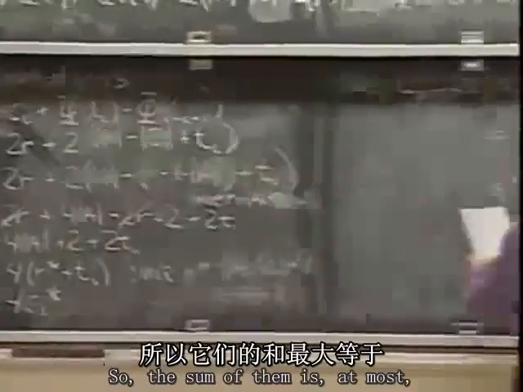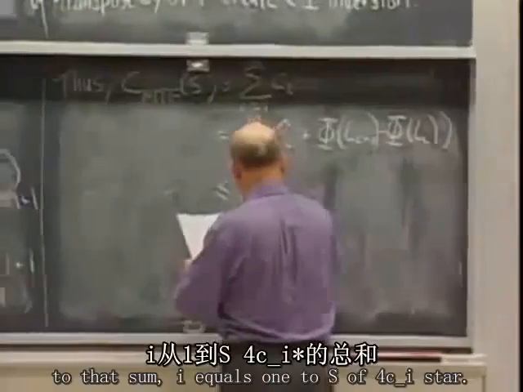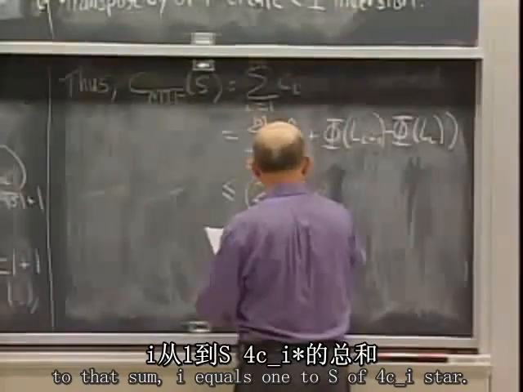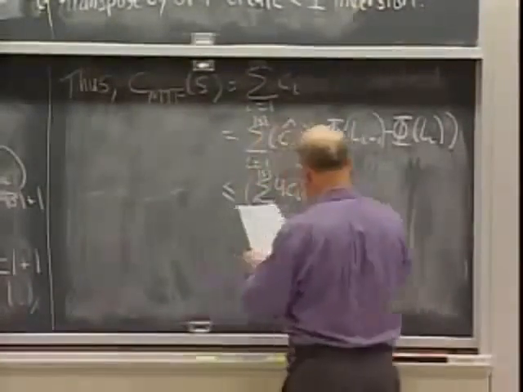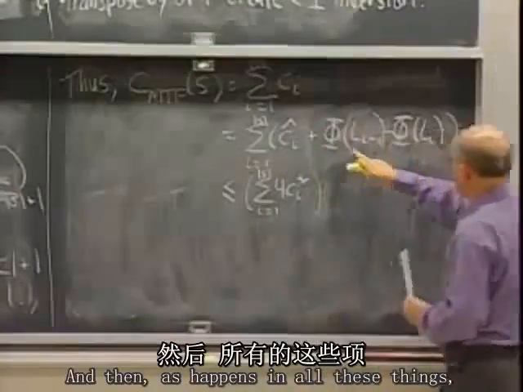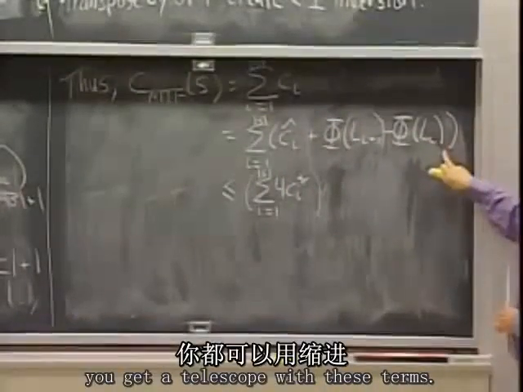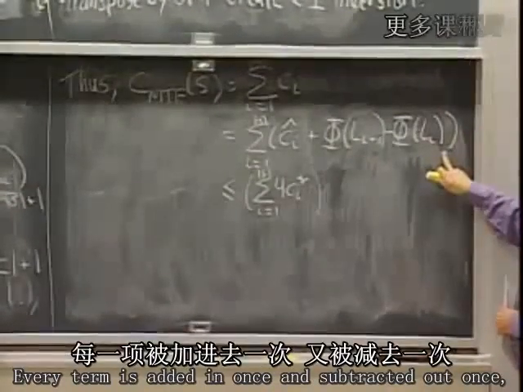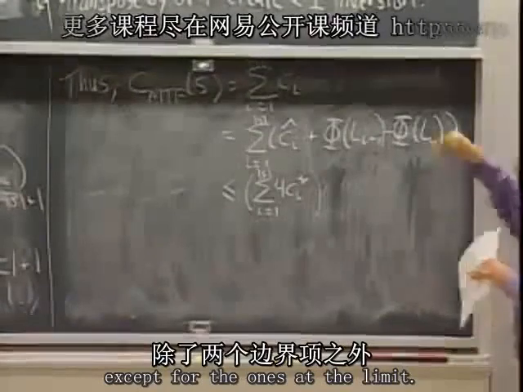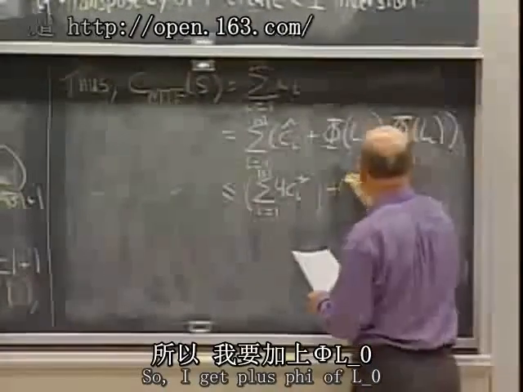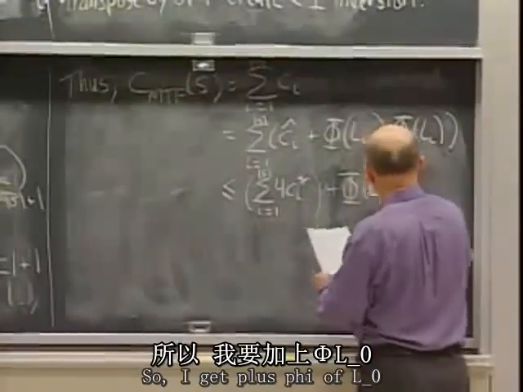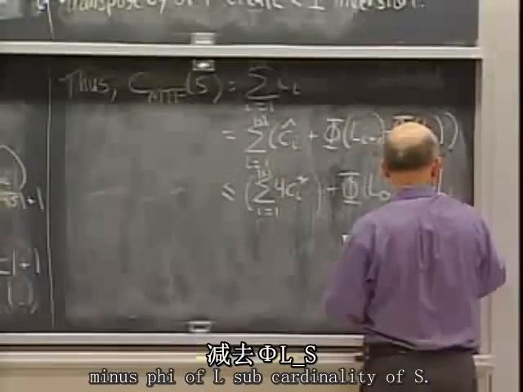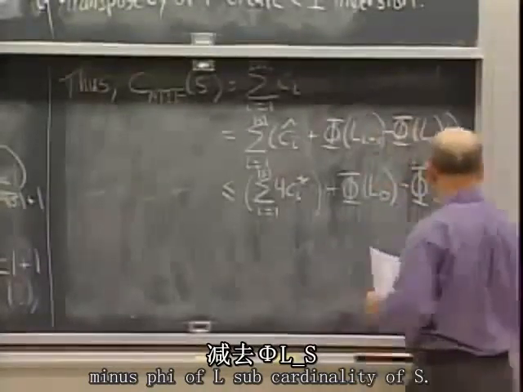So the sum of them is at most the sum i equals 1 to |S| of 4 c sub i star. And then, as happens in all these things, you get a telescope with these terms. Every term is added in once and subtracted out once, except for the ones at the limit. So I get plus phi of L0 minus phi of L sub |S|.